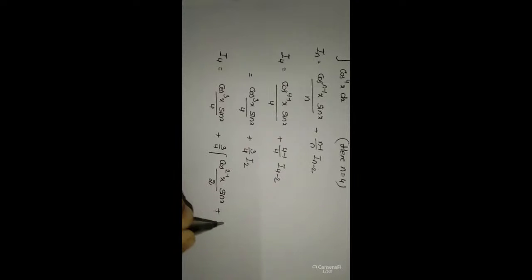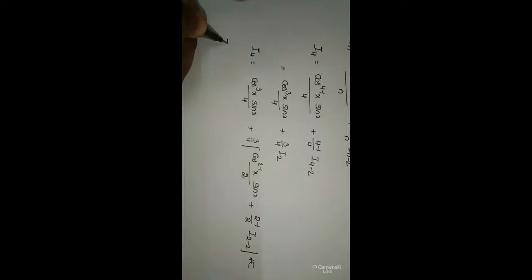That is, I_4 is equal to cos cube x sin x by 4 plus 3 by 4 into I_2, means substituting n is equal to 2 here. That is, cos^(2-1)x sin x by 2 plus (2-1) by 2 into I_(2-2) plus c.